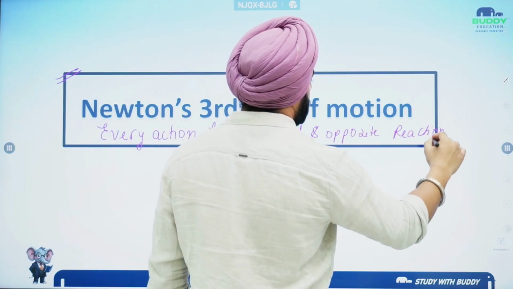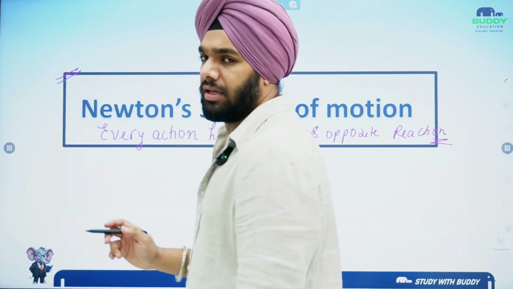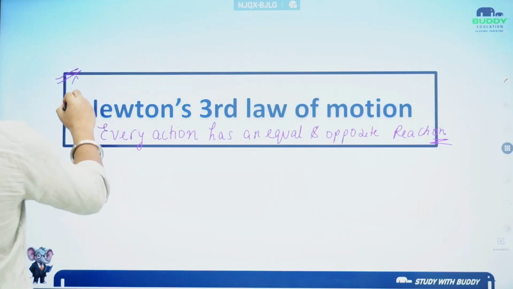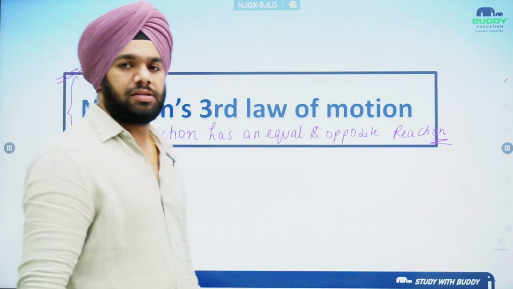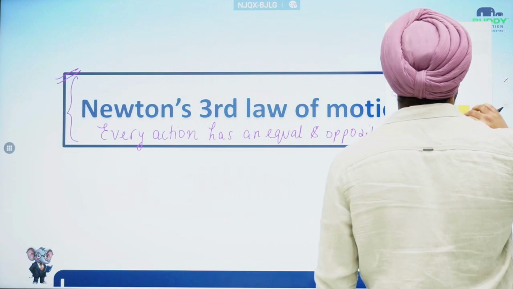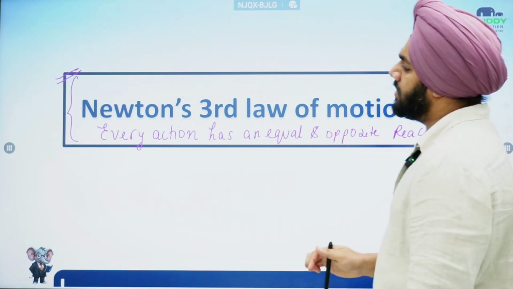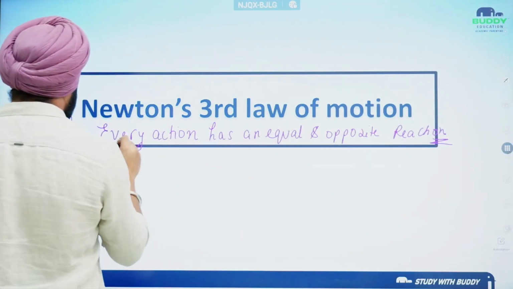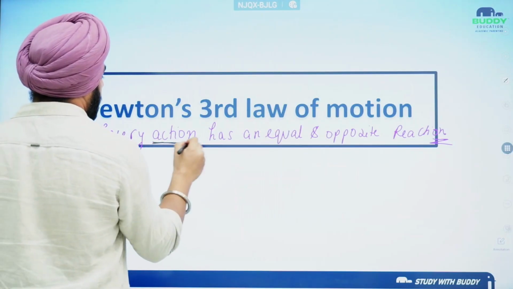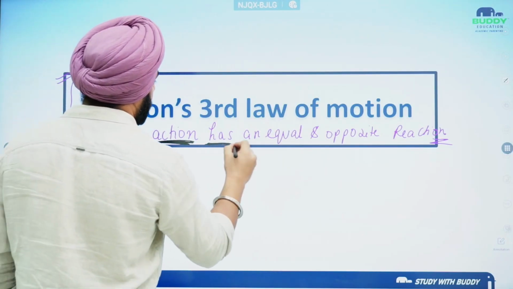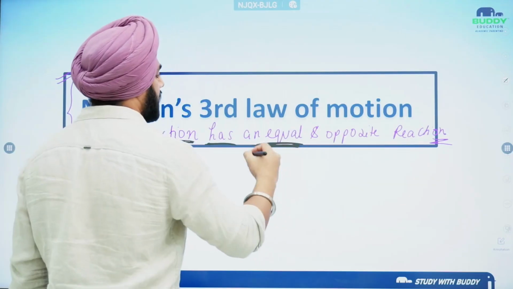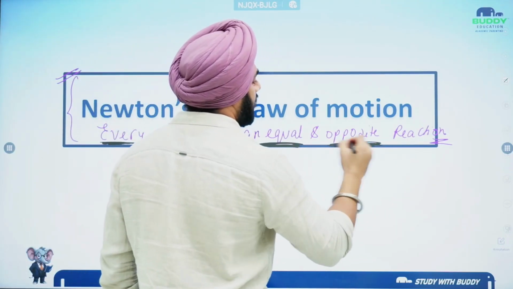So this is Newton's third law of motion, and there is so much to understand in it, but just remember that Newton's third law simply states that every action has an equal and opposite reaction. So the reaction will be opposite and equal.